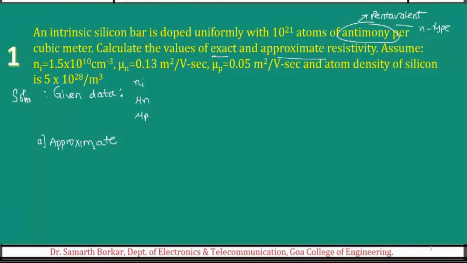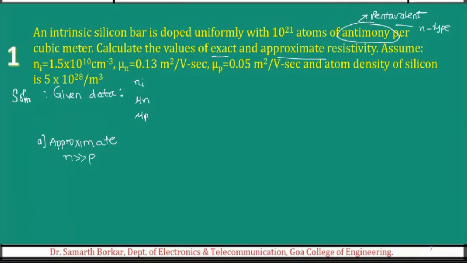Since it is an n-type semiconductor, what we are assuming is that the number of electrons is very much greater compared to the number of holes. So we will not consider the value of p for calculating the resistivity. What is asked is the resistivity. Resistivity is inversely proportional to conductivity.